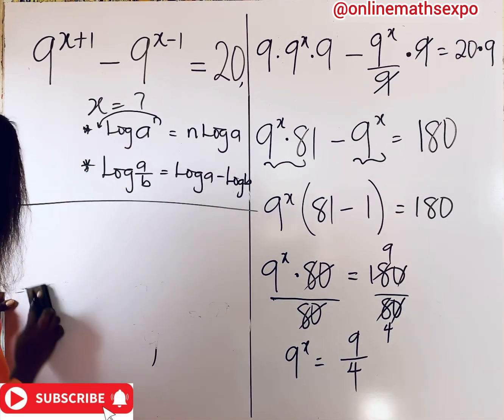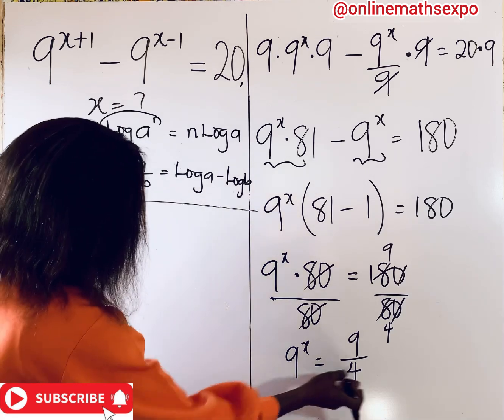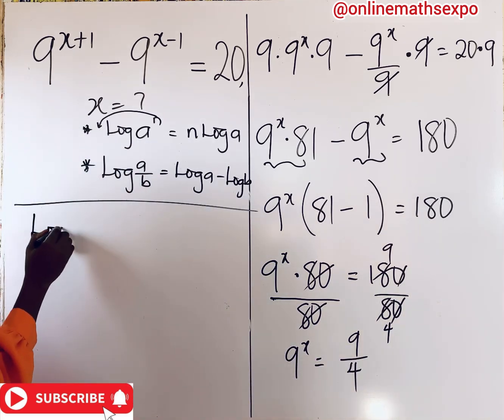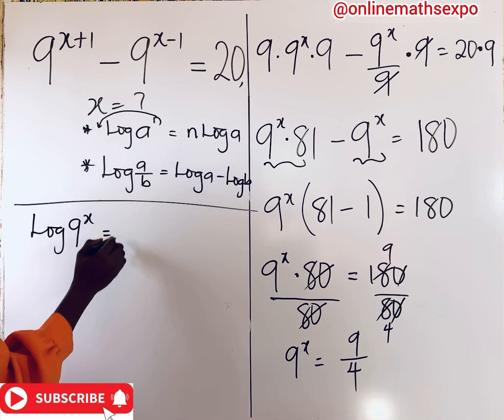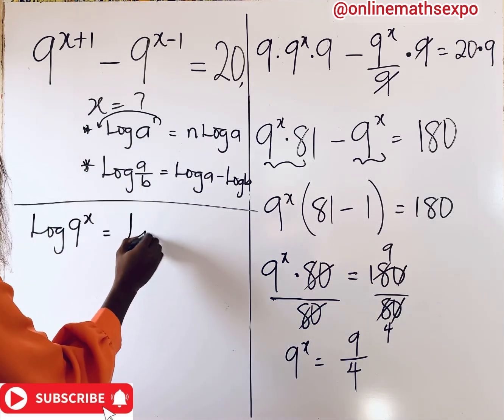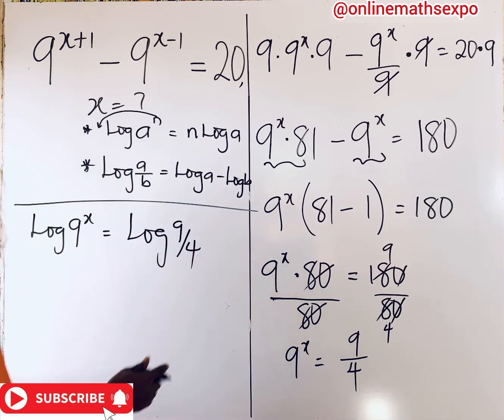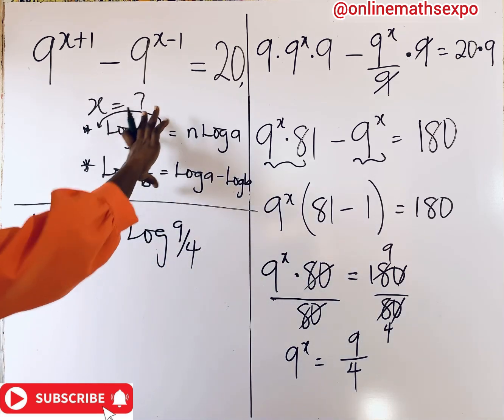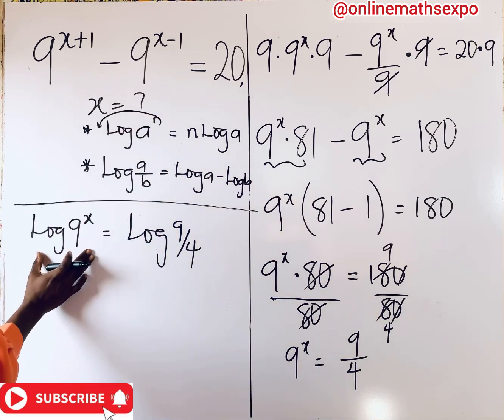So what we need to do, like we said, is to take the log of both sides. It's going to give us log of 9 to the power of x, then also take the log of this. Did you see it? So at this point, apply this. For this, let's apply it here.